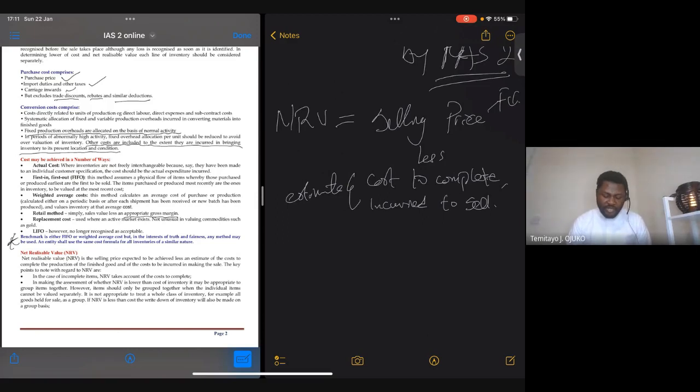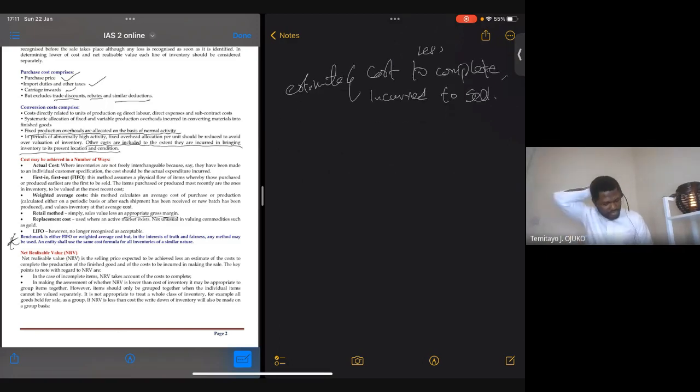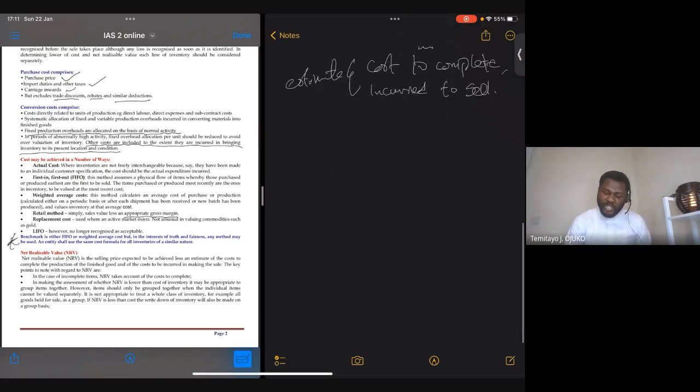In making the assessment of whether net realizable value is lower than cost of inventory, it may be appropriate to group items together. Now, this is very, very important. When you are doing your net realizable value, it is important that you group your inventory together. For example, you can have inventory A, inventory B, inventory C. Let me tell you that again.